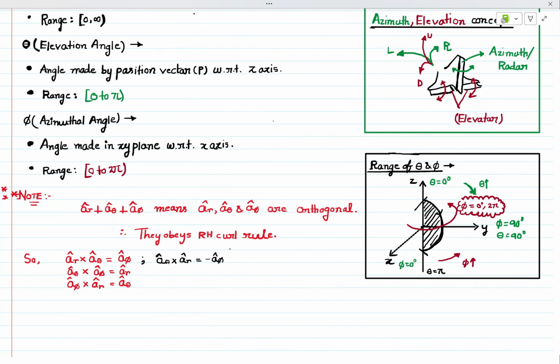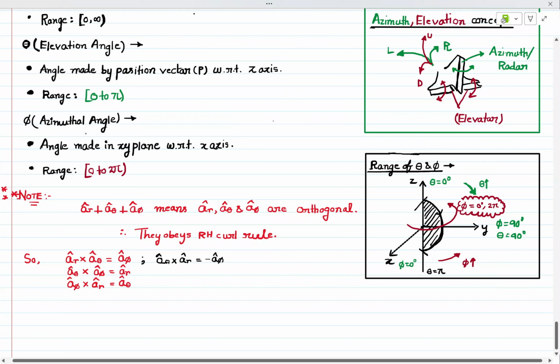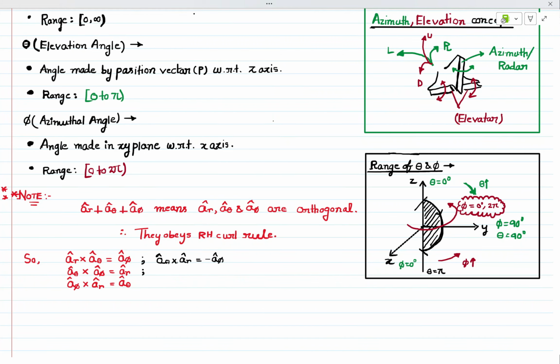Now this is the cross product of vectors, so interchanging the elements in a cross product produces the negative. Okay. Also A phi cross A theta will be what? Not AR, it will be minus AR.